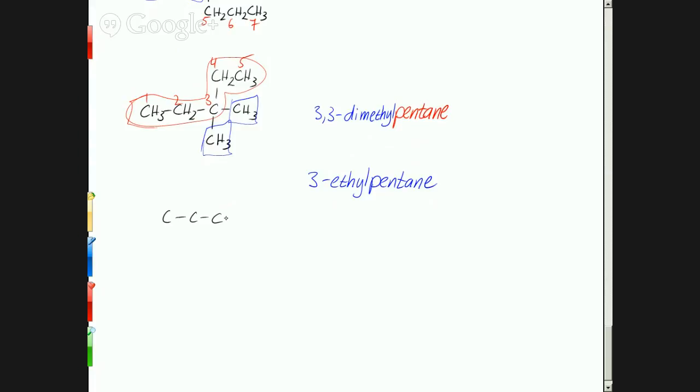Normally I would just write this across like 5 for the pentane. I'm going to write it a little differently just so we can compare it to this one. I'm going to keep the same chain that we had in the first one. So there's my 1, 2, 3, 4, 5. Then ethyl would be 2 more carbons coming off of that third one.